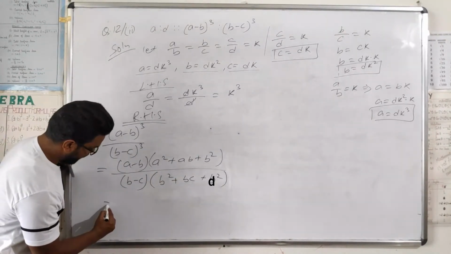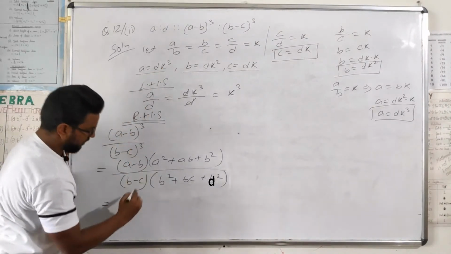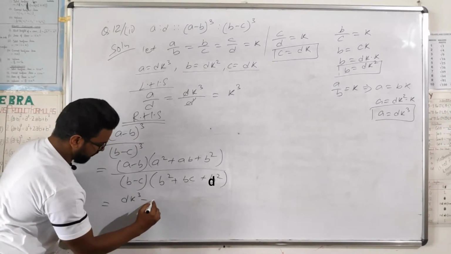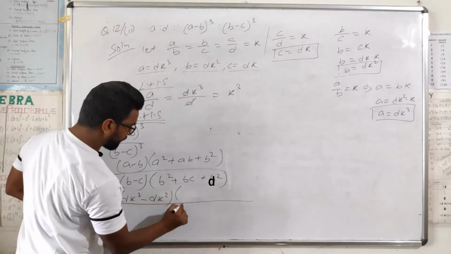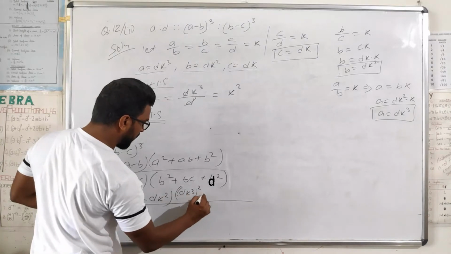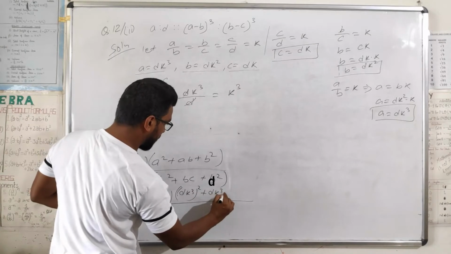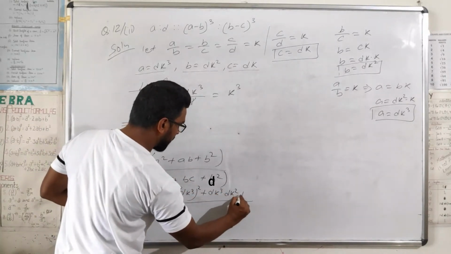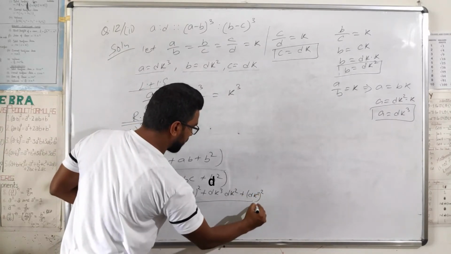So what we will do? What is a? a is dk cube minus b is dk square. Now here a is (dk cube) whole square plus a is dk cube into b is dk square plus (dk square) whole square.